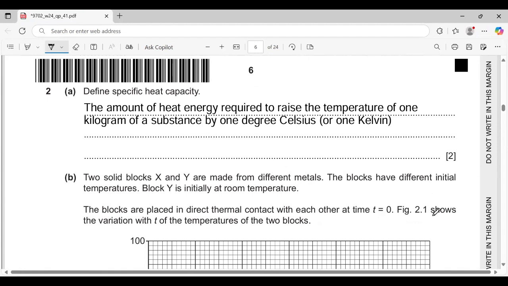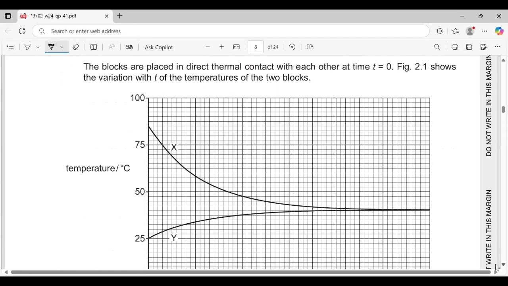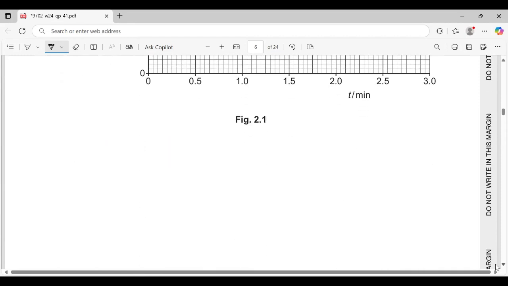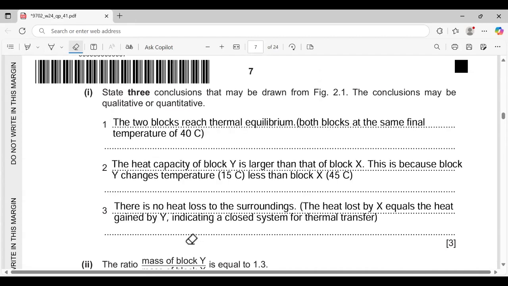Figure 2.1 shows the variations with time of the temperature of the two blocks. Okay, this is a diagram. State 3 conclusions that may be drawn from figure 2.1. The conclusions may be qualitative or quantitative. I have provided my opinion about this question.